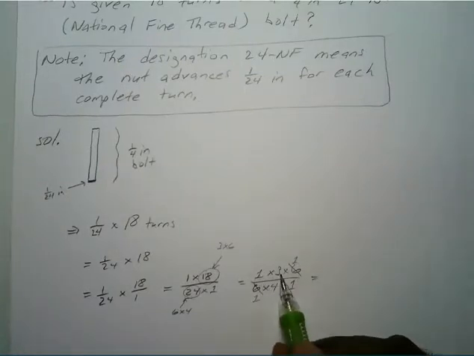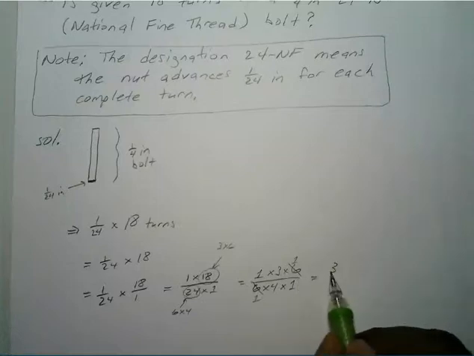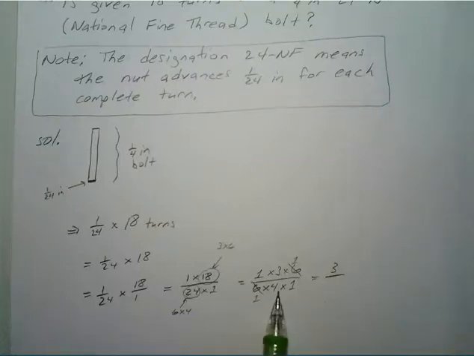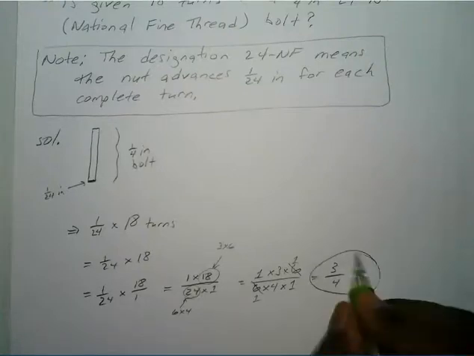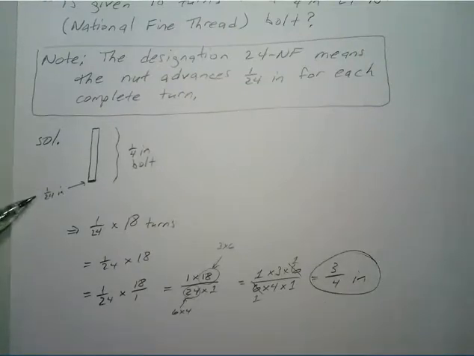So you have 1 times 3 times 1, which is 3, over 1 times 4 times 1, which is 4. So if 1 complete turn gives you 1/24 of an inch, if you give it 18 complete turns, you will be up 3/4 of an inch.